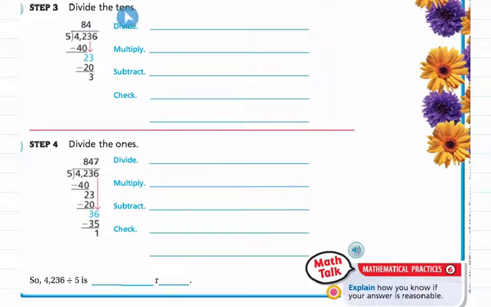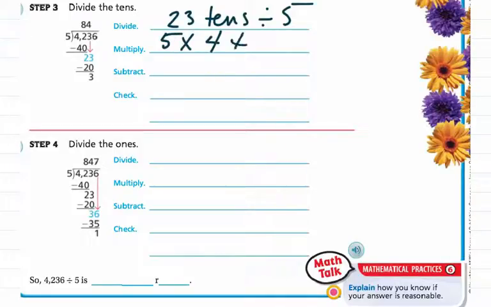So in step 3, it says divide the tens. So we have 23 tens divided by 5, and we get 4. 5 times 4 tens equals 20.